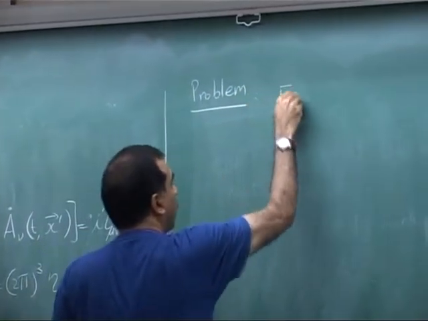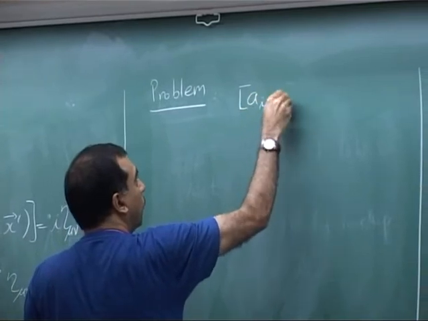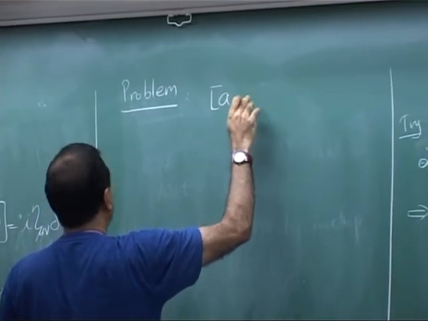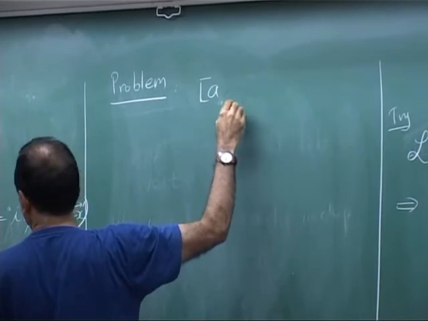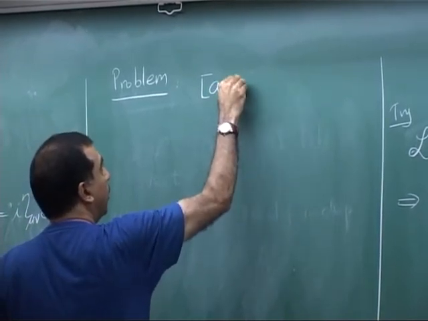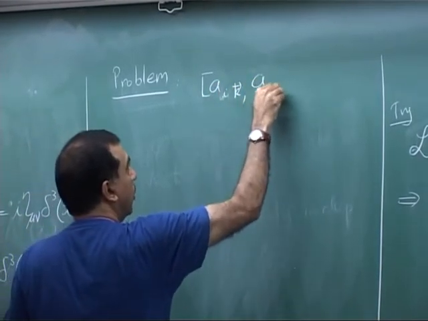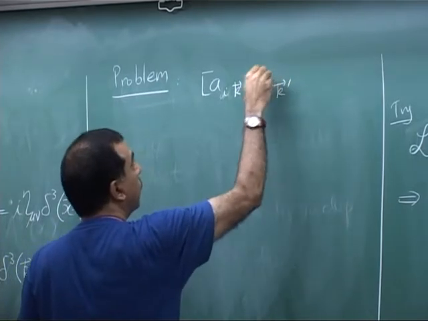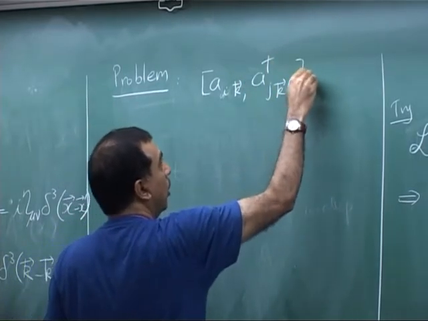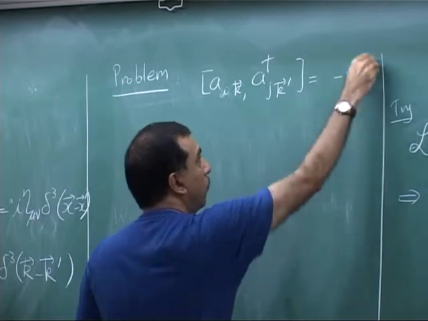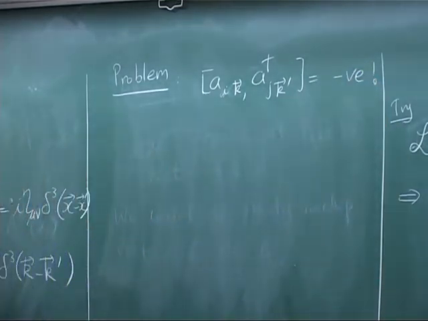So A i k with A j k prime dagger is negative. This is very, very bad. Let's see why it's bad.